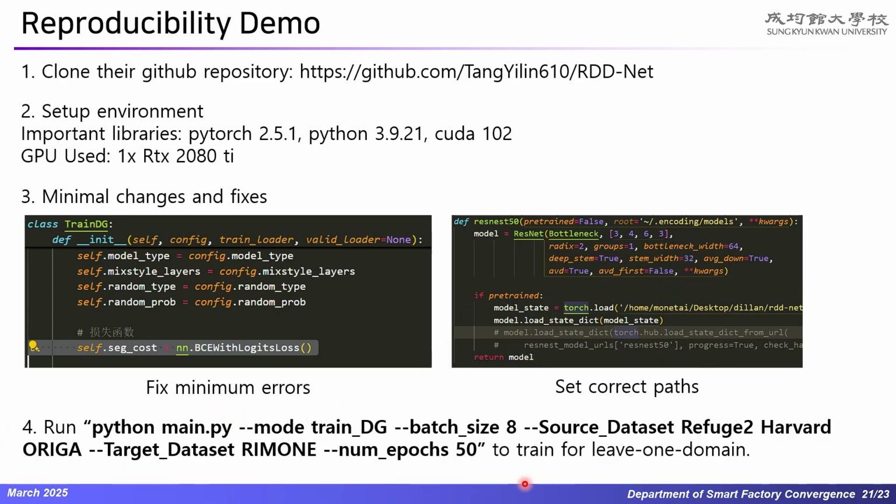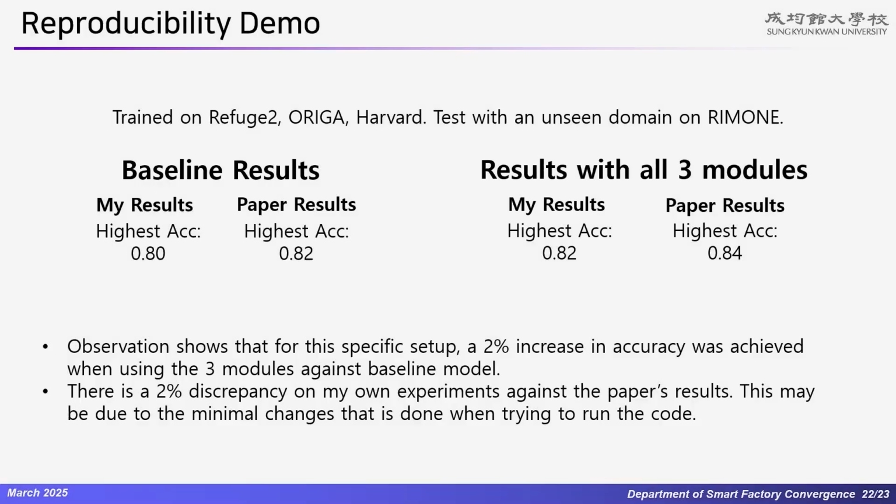And then we can just run this whole line here to train for the second experiment, to do the leave one domain out experiment. And we're leaving Ramon and only training on Refuge2, Harvard, and Origa. So here we can see the results. The baseline results, which is only the ResNest 50 without any modules, achieved 80 on mine, and on the paper it says 82.